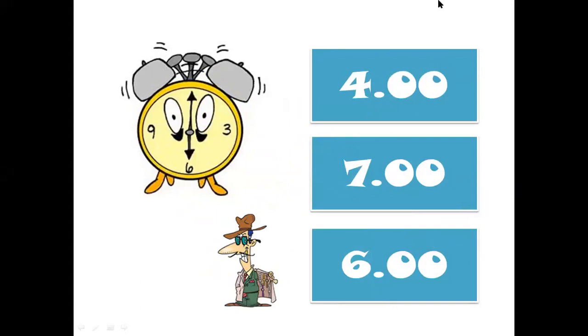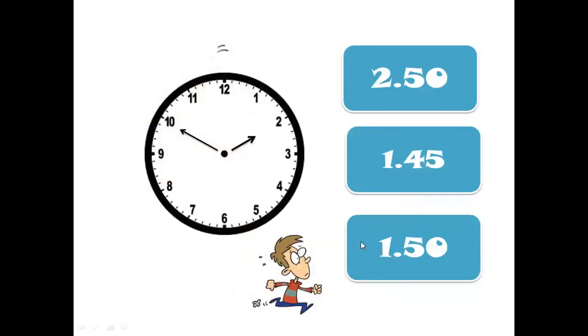Okay, now you are going to tell me, just write, what is the time now? Is it 4, 7, or 6? The big handle is on 12 and the small handle is on 6. That means the time is 6 o'clock.